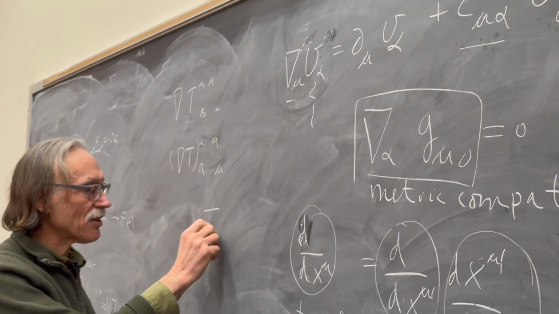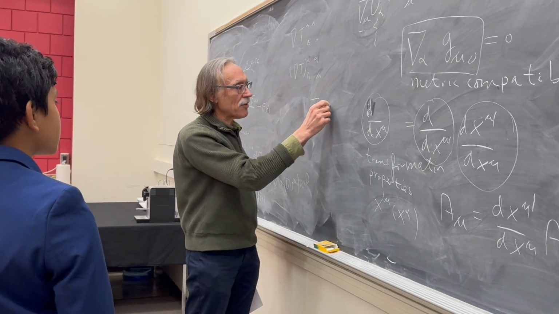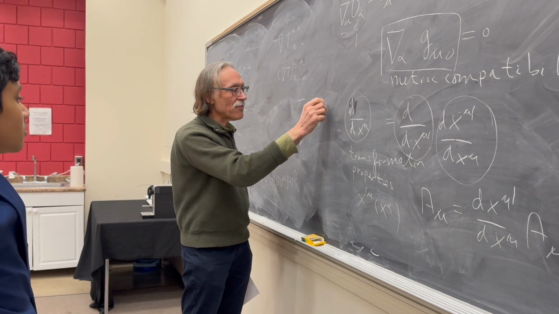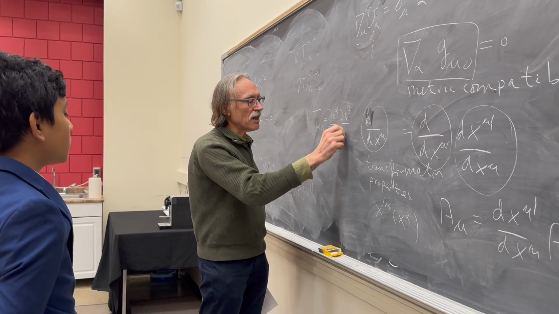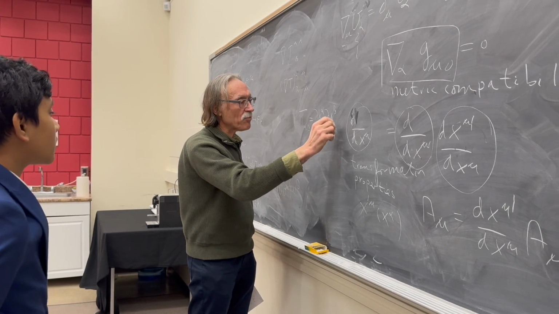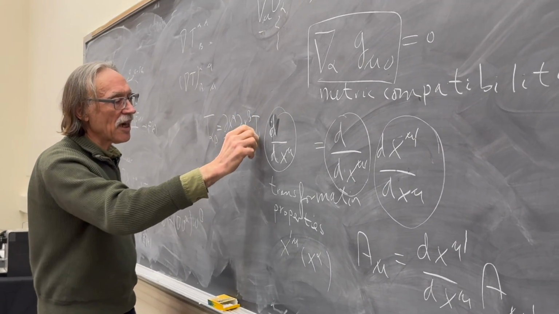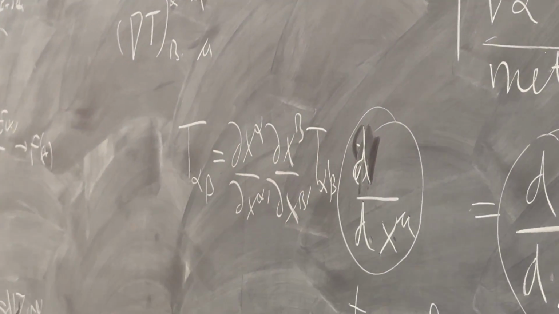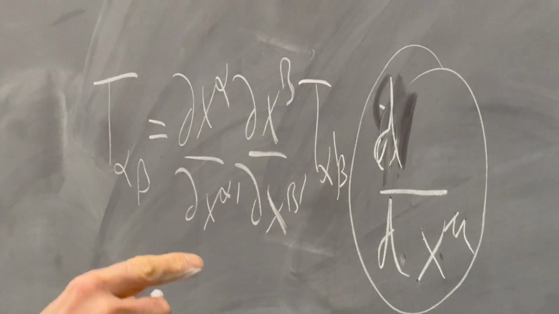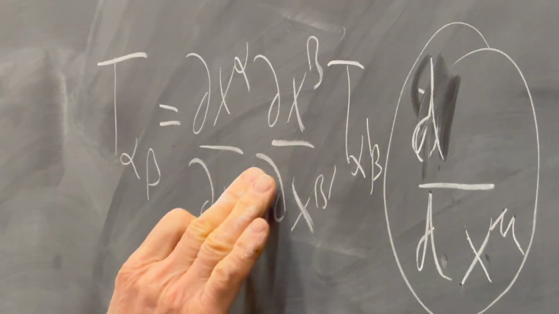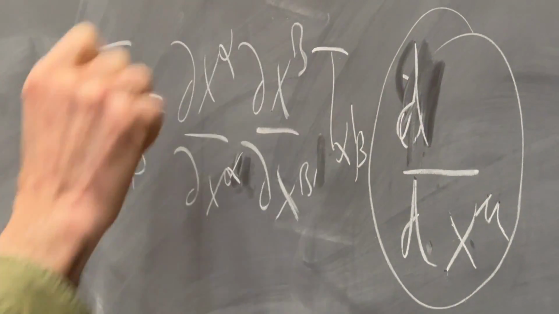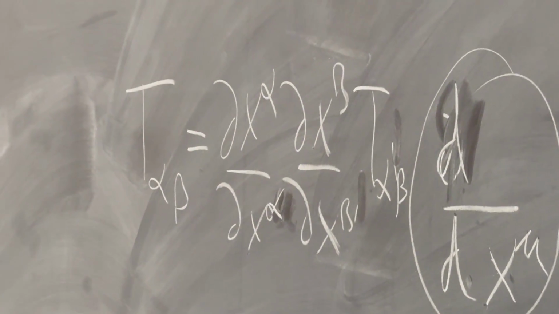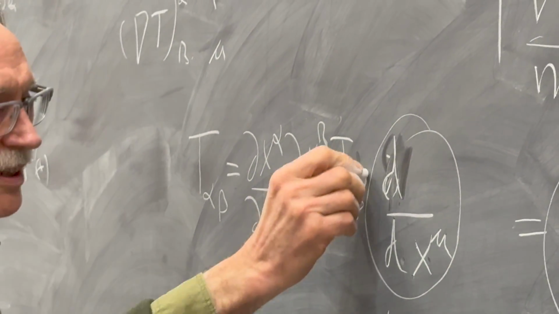So if you have a tensor T alpha beta, that would be dx alpha over dx alpha prime, dx beta over dx beta prime times T alpha prime beta prime. Do I get T alpha beta? I did not get the indices right. So the indices are here, and this is alpha and beta. Now they are right. And this is the primed ones.